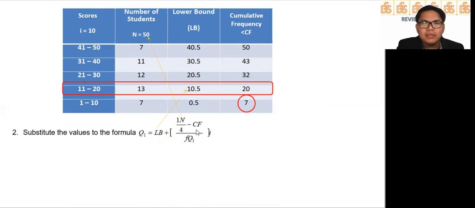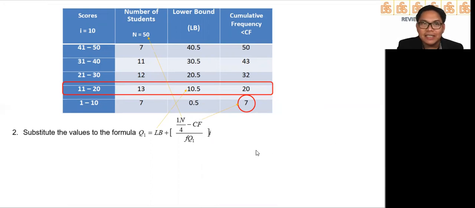How about the cumulative frequency? There are many: 50, 43, 32, 7, 20. Which one will we use? The one in the box? Wrong. That's why I encircled 7 under cumulative frequency. It says less than cumulative frequency. That's why you will use the cumulative frequency before the box.